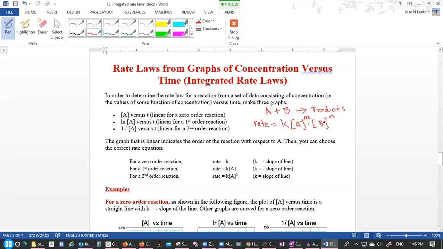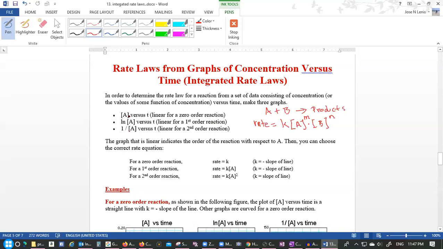It's going to be exactly the same concept, because remember, A can be zero order, first order, or second order. Same thing for B.